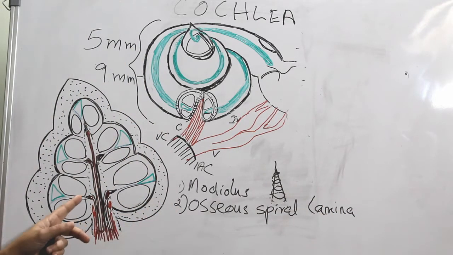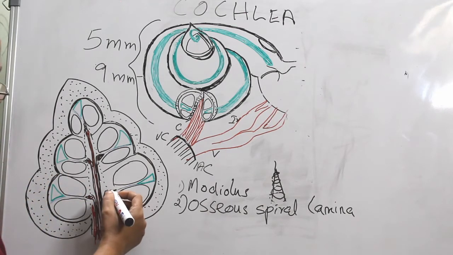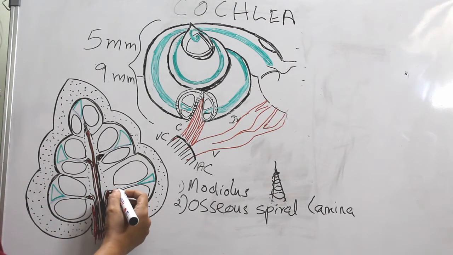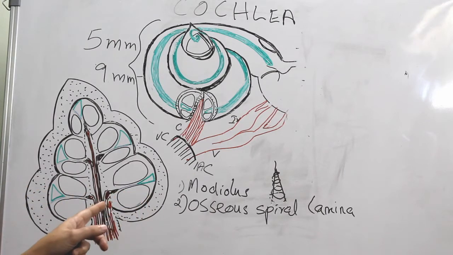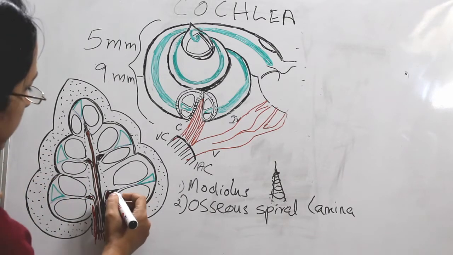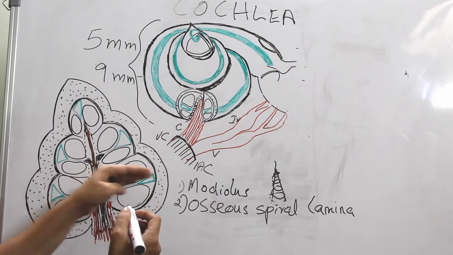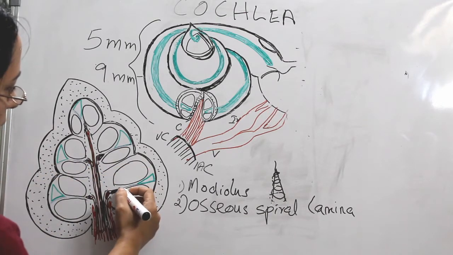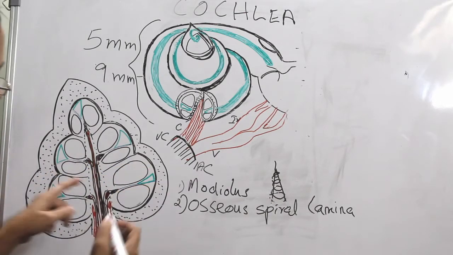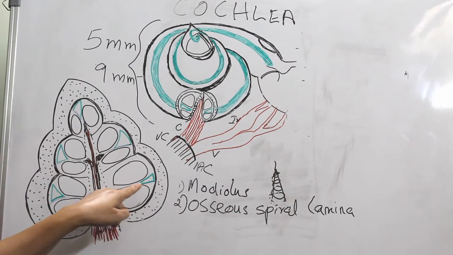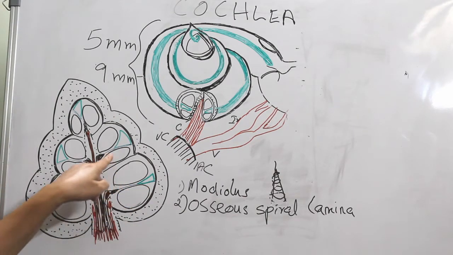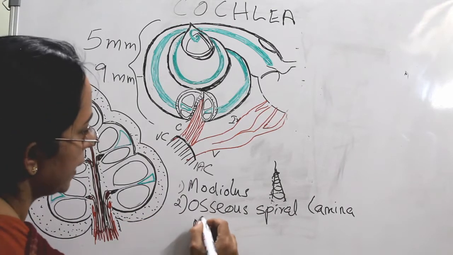So the spiral lamina forms the basement membrane. From the osseous part, and the rest of the basement membrane is formed by the membranous spiral lamina. So there is osseous spiral lamina as well as membranous spiral lamina.